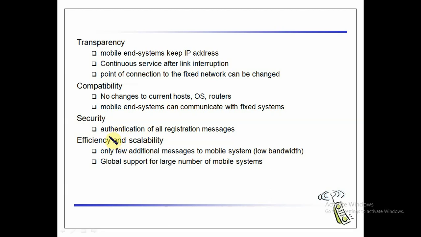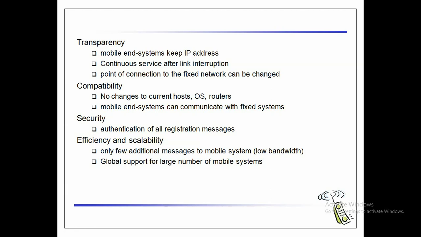The next requirement is efficiency and scalability. This is a new part of the internet, and it requires some efficiency. Mobility must not generate too many new messages, that is, flooding for the whole network. Special care has to be taken considering the lower bandwidth of some wireless links.